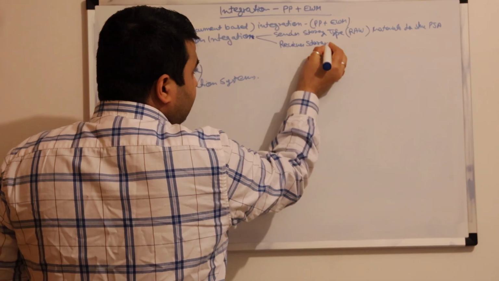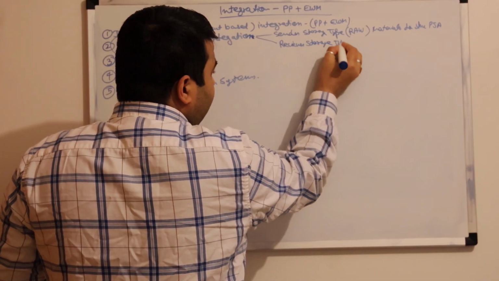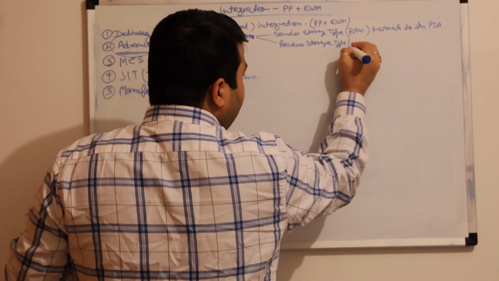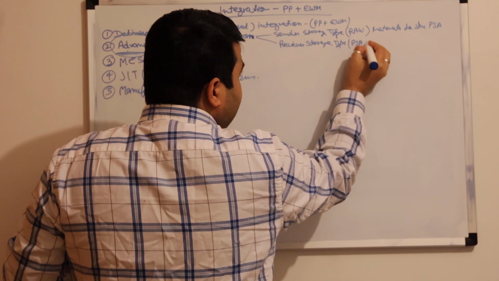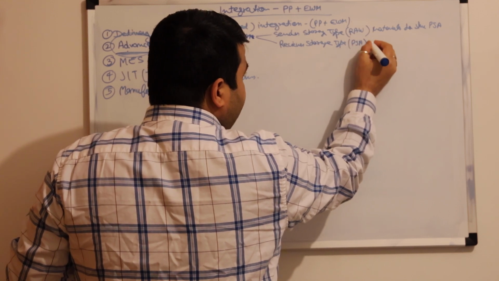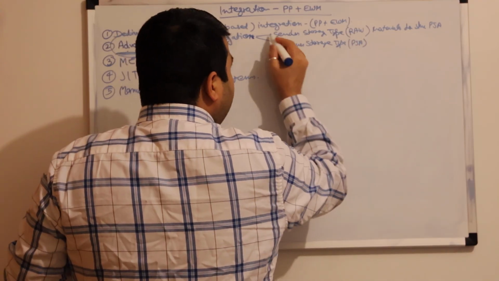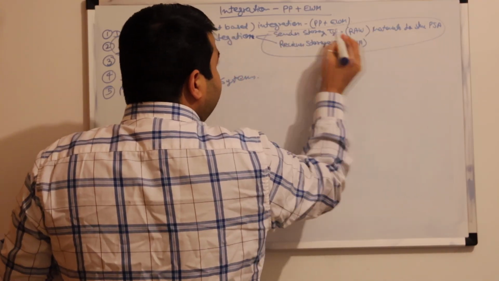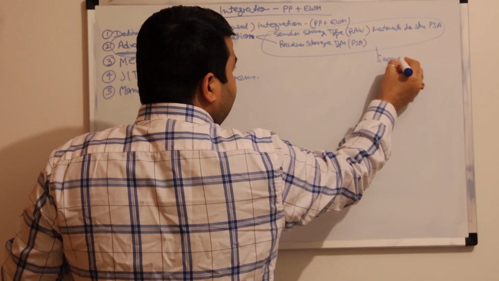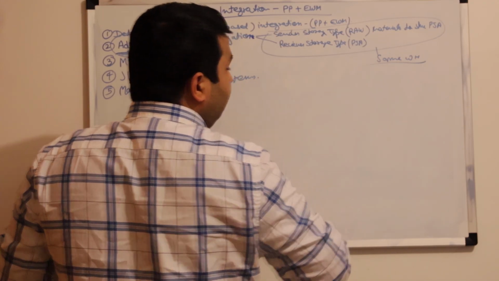storage type, which is the PSA, production supply area. Facility is the specific area. Both we have in the same warehouse, in one warehouse.